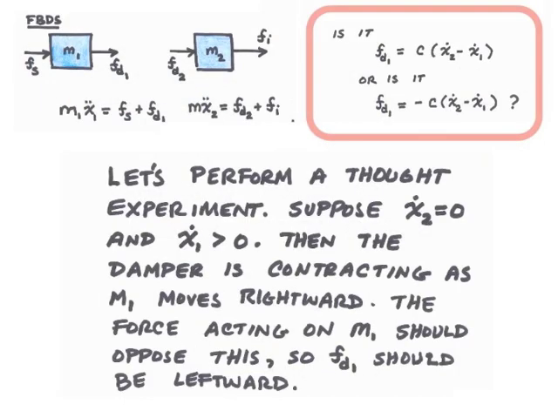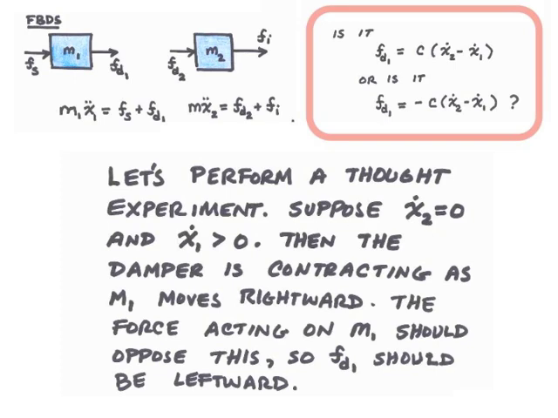To answer the question, we'll perform a thought experiment. Let's suppose x2 dot equals 0, that is, mass 2 is still, and that x1 dot is positive, so mass 1 is moving to the right. What this means is the damper must be contracting in this case. So the force acting on M1 in this case should oppose the motion.